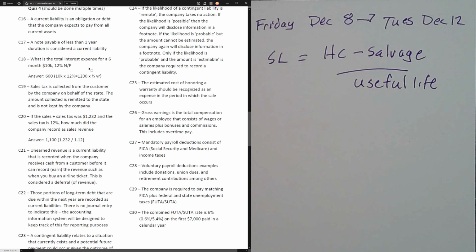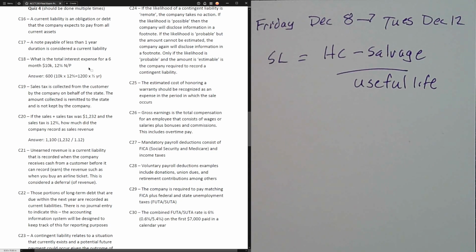So if you have a note or a loan that's less than a year, you have to adjust it. Here you can see in the answer, we took 10,000 times 12%, so the annual amount of interest, if we took out the loan for a year, would have been 1,200. But because that's for only half a year, or 6 out of 12 months, we multiply that by half, and therefore our total interest expense is 600.